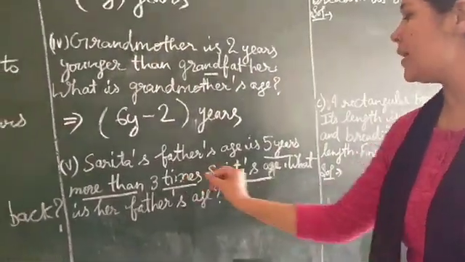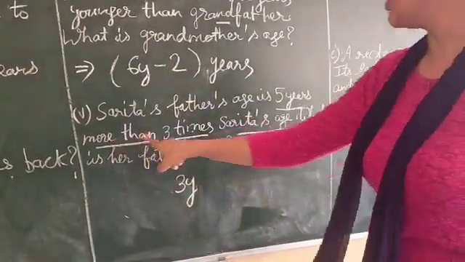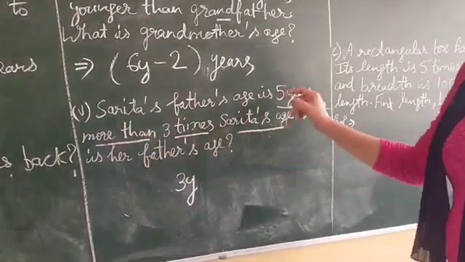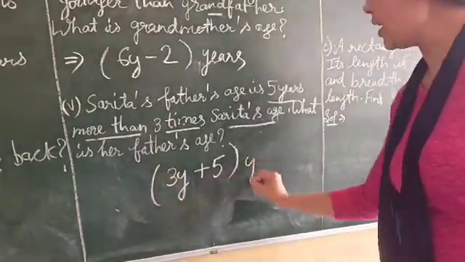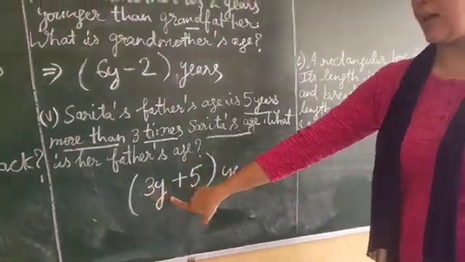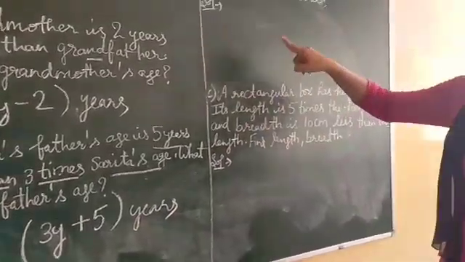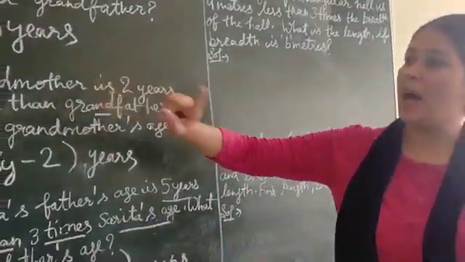It is given 3 times Sarita's age. Means 3y and 5 more than. 5 more than means plus. You have to add. So this is the age of her father: 3y plus 5. So these all are the parts of A part.